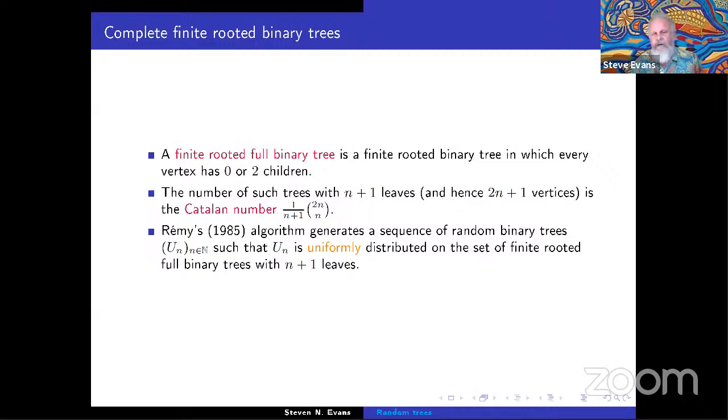And then eventually I'm going to say something about how this is connected to Martin boundaries and classifying the minimal harmonic functions for these processes.